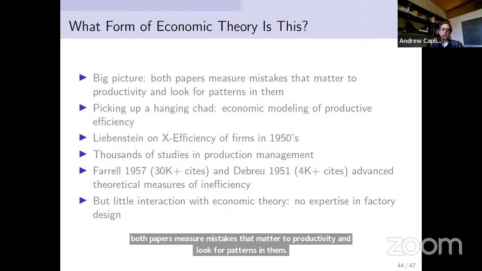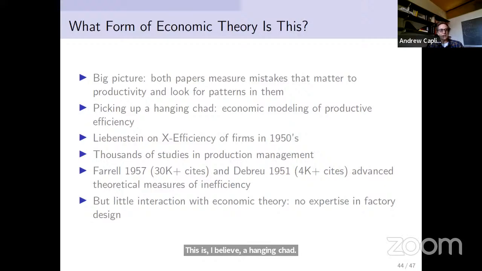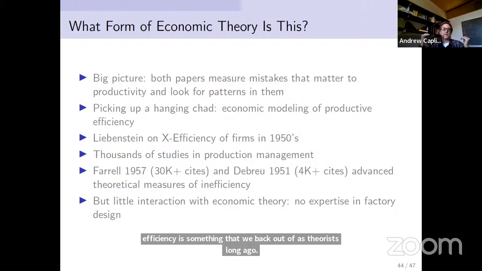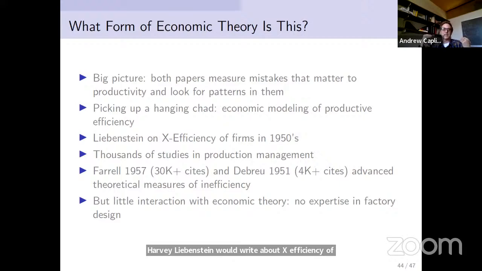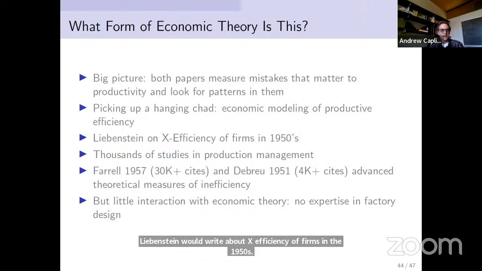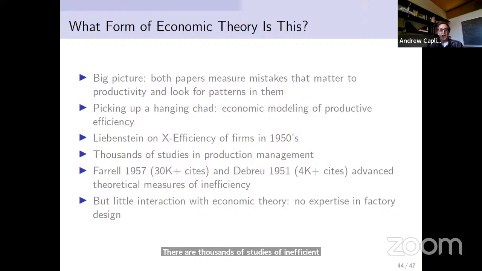The economic modeling of productive efficiency is something that we backed out of as theorists long ago. Harvey Leibenstein would write about efficiency of firms in the 1950s. There are thousands of studies of inefficient production in a whole field called production management.